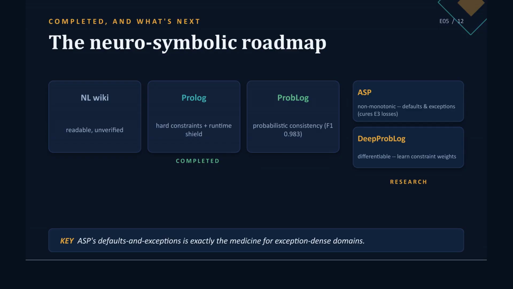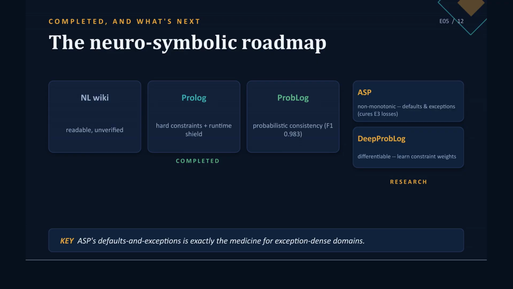So here is the map of where we are, and where this is going. The completed work spans 3 columns. Natural Language Wiki, readable, but unverified. Prolog, for hard constraint checking and the runtime shield. And ProbLog, for probabilistic consistency. 2 frontiers remain.